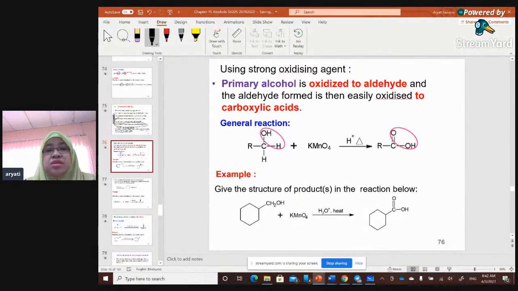Okay, so actually this one I also have already discussed in the lab also. So if you have a primary alcohol, it is oxidized to aldehyde and aldehyde form is then easily oxidized to carboxylic acid.